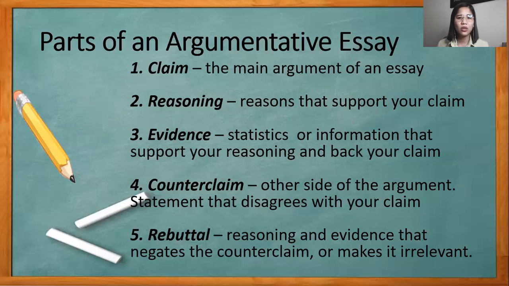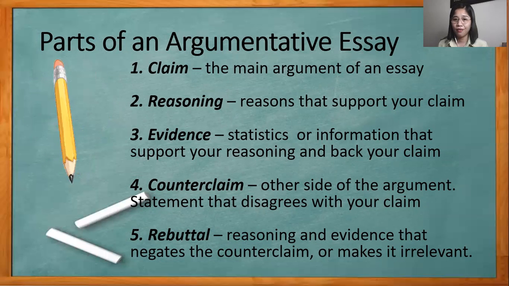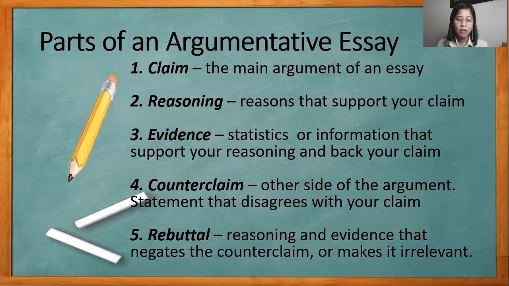Now, let us know what are the 5 parts of an argumentative essay. The first one is, an argumentative essay must have a claim. The claim is our main argument, the main topic, the main thesis of the essay.